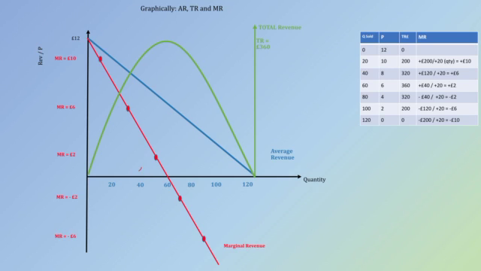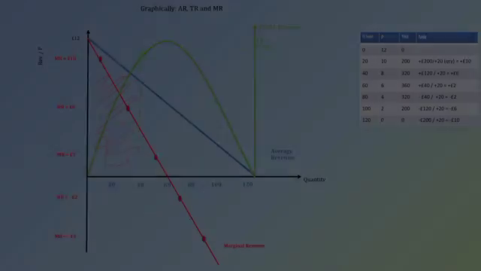Let's say at 40 we could say, well look, it's this box here, there's my total revenue. Or I could go up, hit my total revenue curve, and that amount there would be the total revenue. And that amount is exactly the same as the red box, so the area is the same.